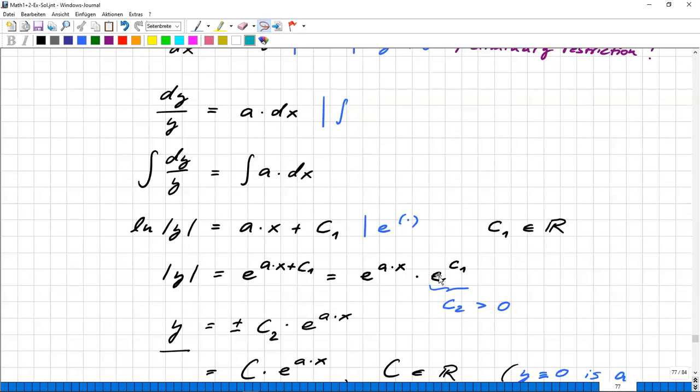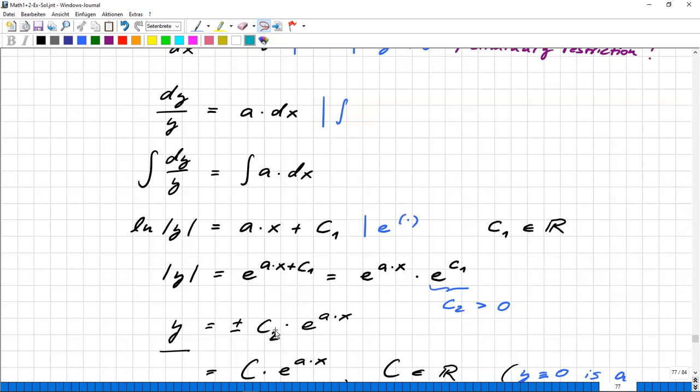Now, in the next step, taking away the vertical bars to isolate y, we find that inside here, y could also be negative or positive, whatever, but not 0. So by taking away the absolute value signs, we are forced and allowed at the same time to make a case distinction here and say plus or minus C2. This was a renaming, right? This C2 is positive. So C2 times e to the power a times x.